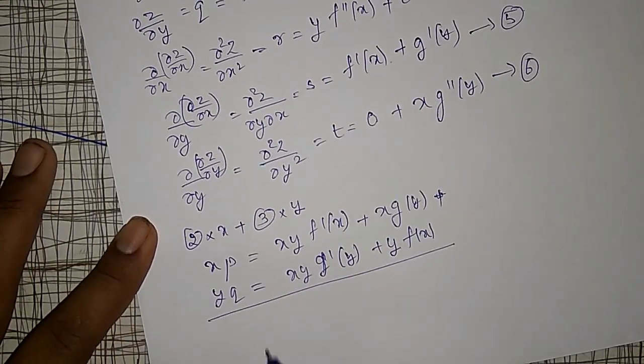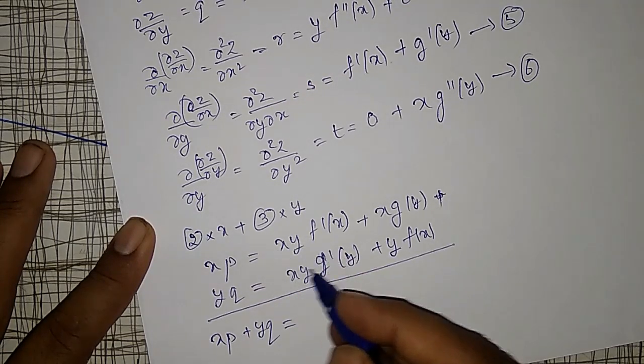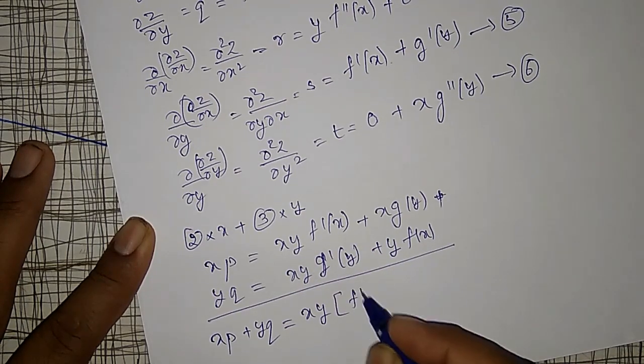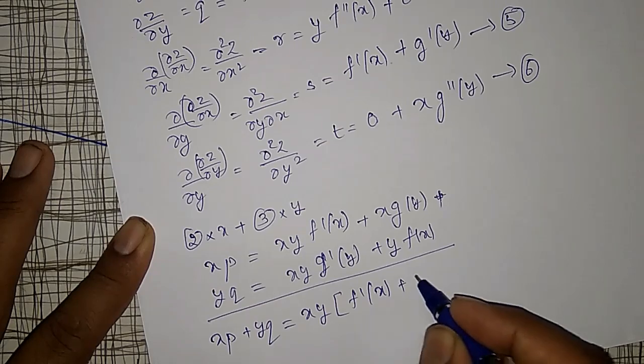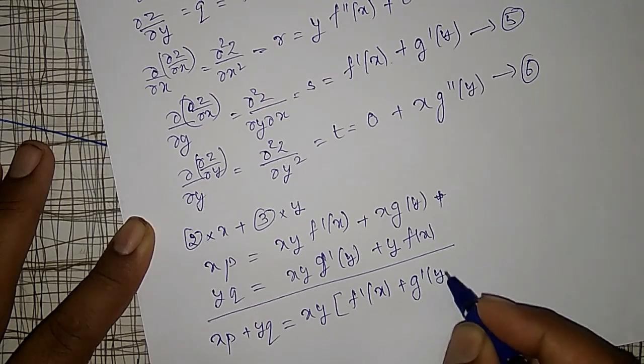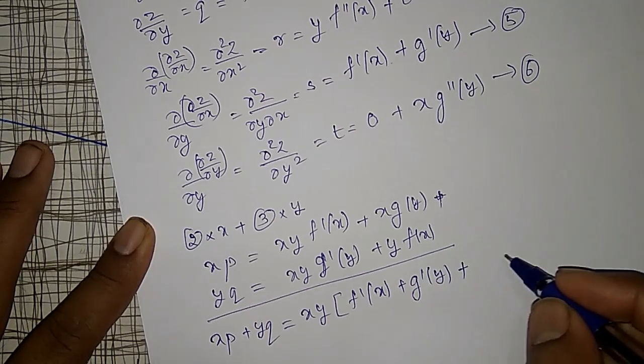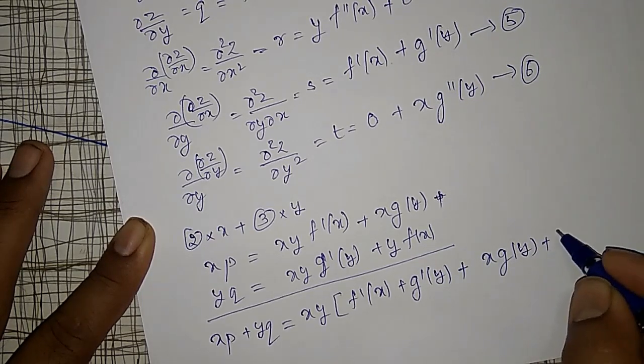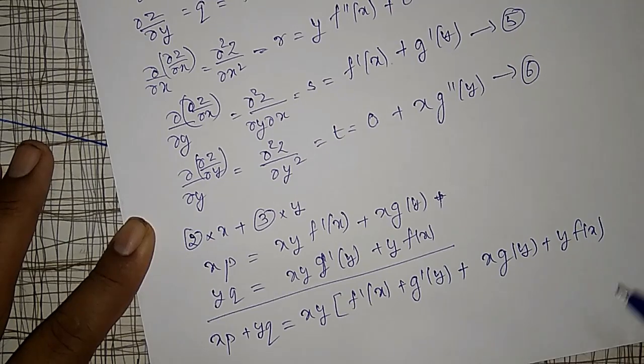Then what I'm going to get is xp plus yq is equal to, taking xy common while adding them, and this I can write as f dash of x plus g dash of y, plus x g of y plus y into f of x.